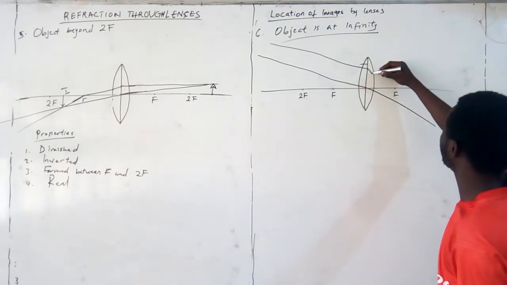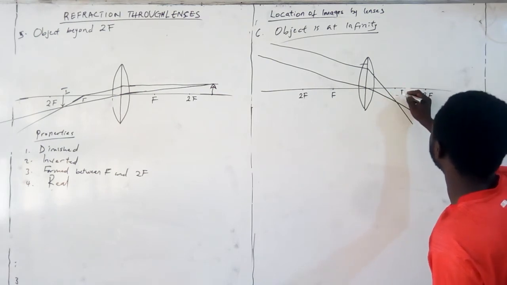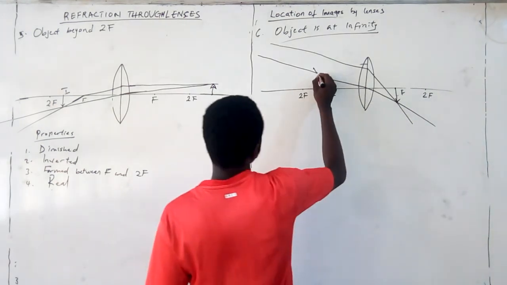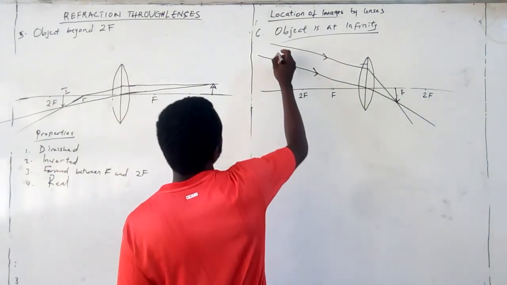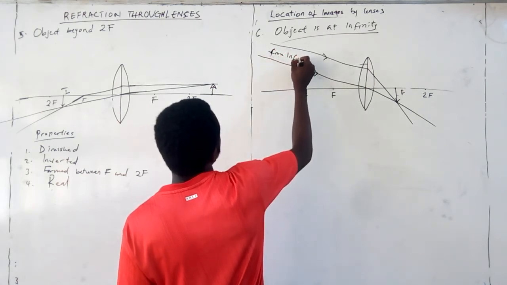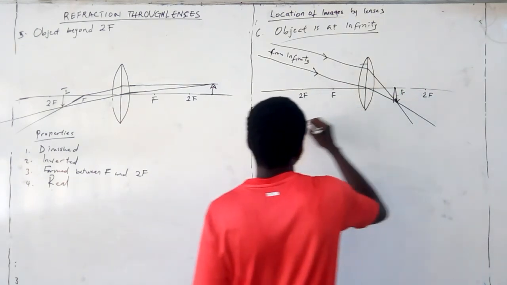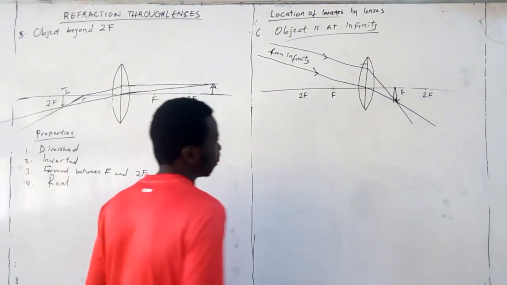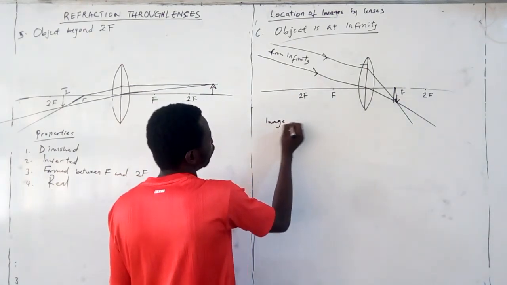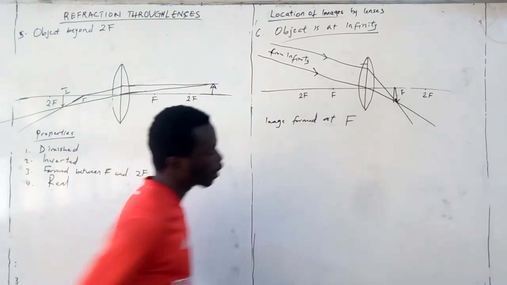So this will bend actually. Then the characteristic is that any object at infinity will always produce an image formed at F, that's the focal point.